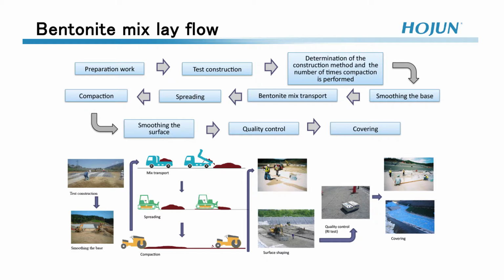After the control standard is determined during test construction, smoothing of the construction area is performed. The bentonite mix is transported to the construction location, spread evenly, compacted, and the surface shaped. Next, a quality control test is performed, and then a rain cover is added.